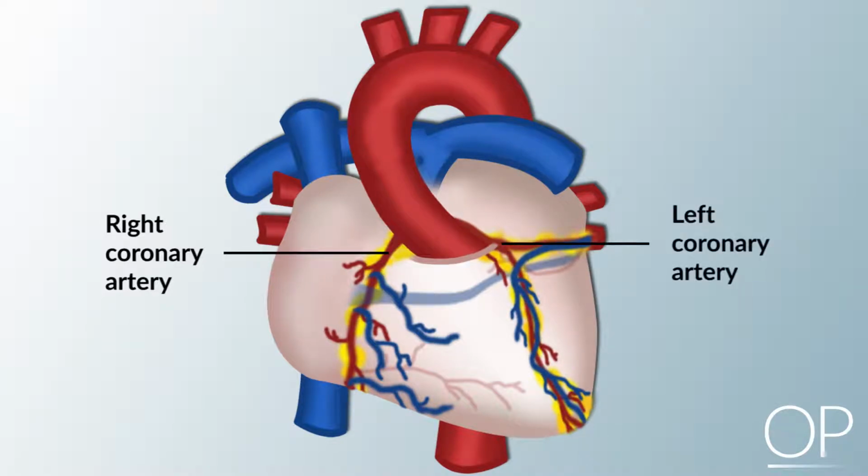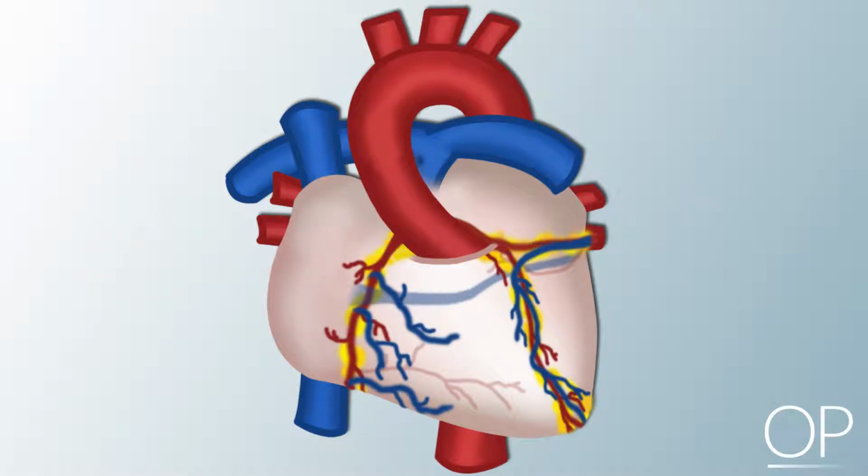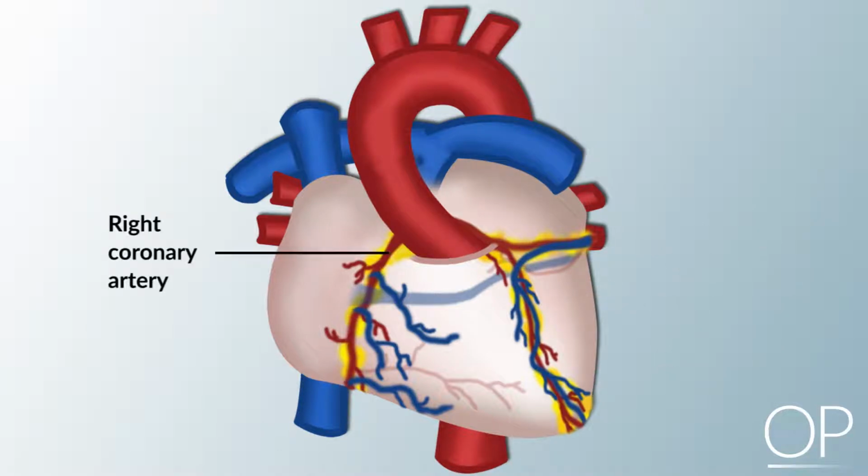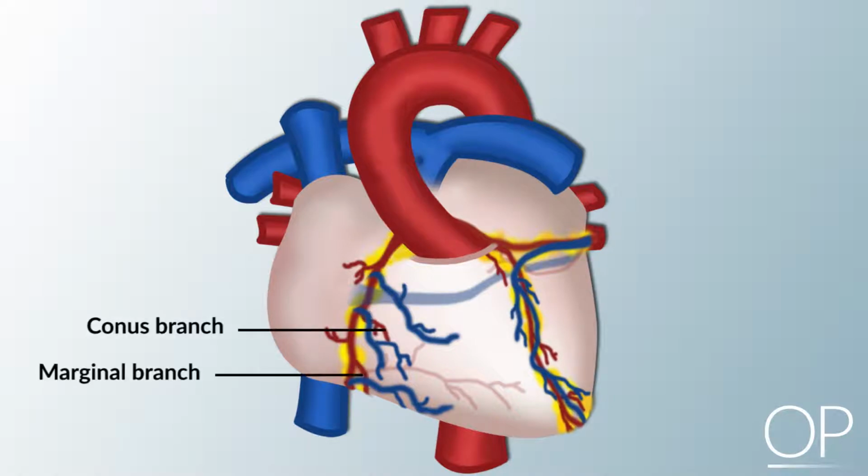The left coronary artery originates from a single opening behind the left cusp of the aortic valve and divides into the left anterior descending artery and the circumflex artery. The right coronary artery originates from an opening behind the right cusp of the aortic valve and divides into the three major branches: the conus, the right marginal branch, and the posterior descending branch.